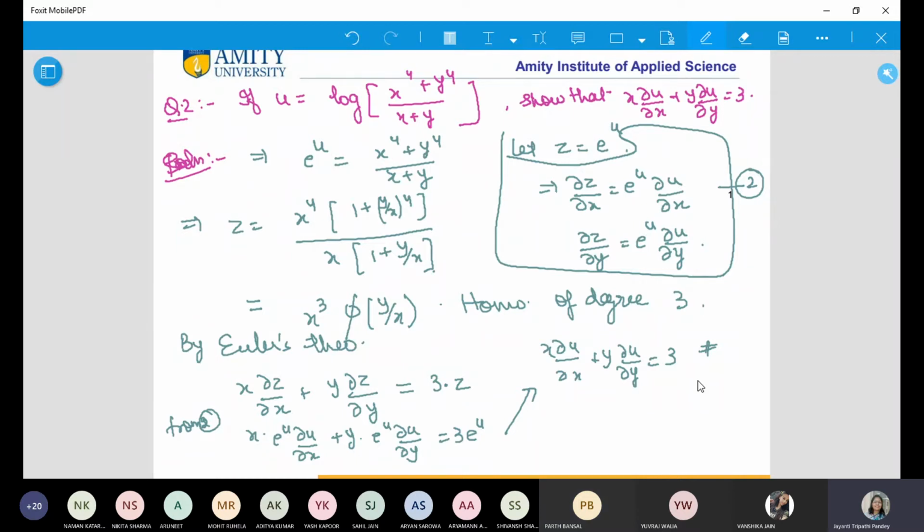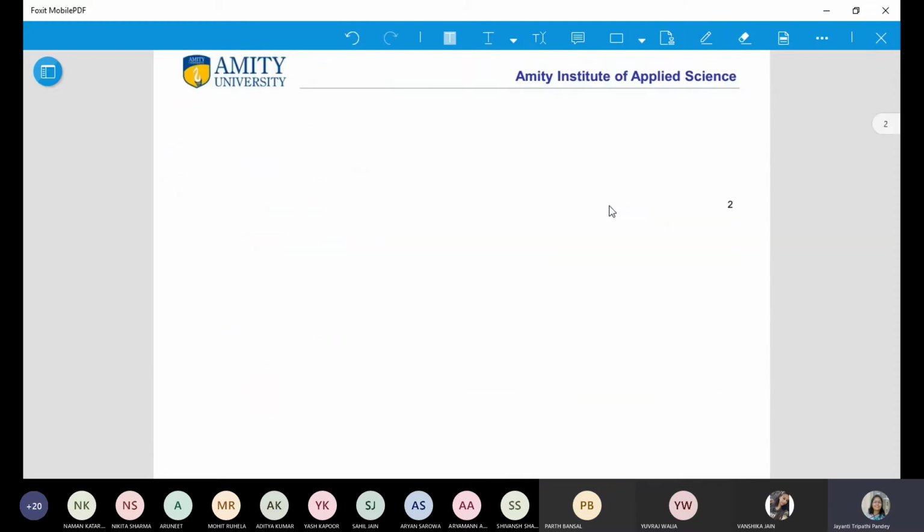Now, how do we extend this to second order derivative? Let's see that. Write next question.